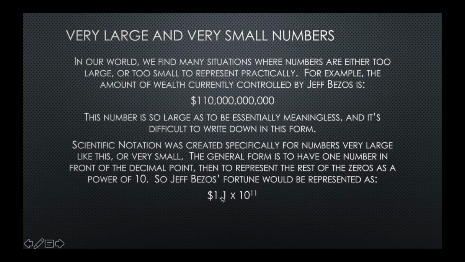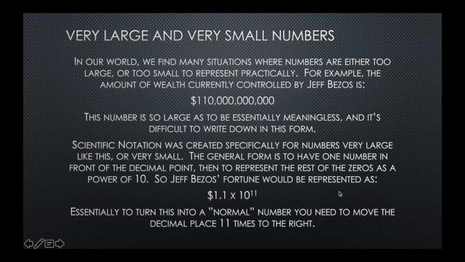It also means that if I want to change this from scientific notation into our standard notation, I'd have to take the decimal point and move it 11 places to the right to get to the full number. So to turn this into a normal number, you need to move the decimal point 11 places to the right. That's the significance of the 11 here, this 10 to the 11th.